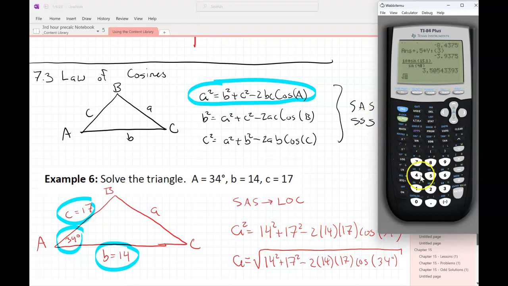So I'm just going to do square root of 14 squared plus 17 squared minus 2 times 14 times 17 times cosine 34. I'm typing it in exactly as it looked on my sheet of paper, and I get about 9.51.